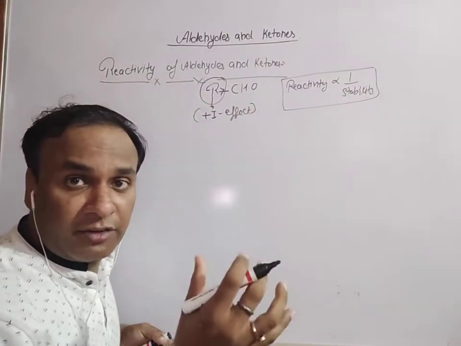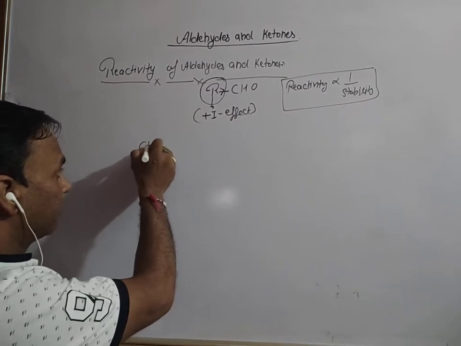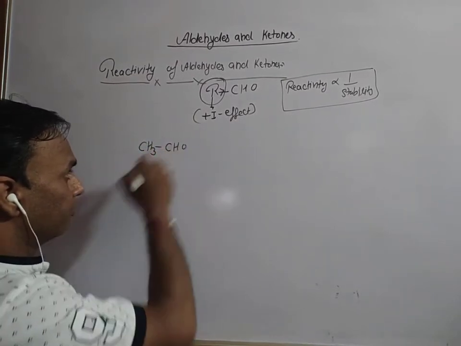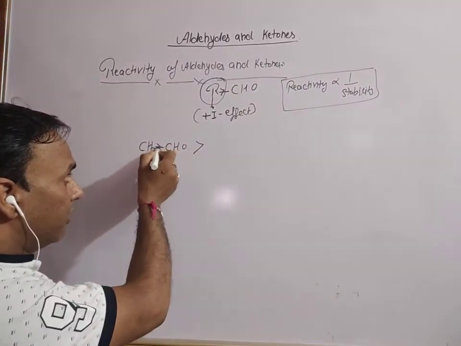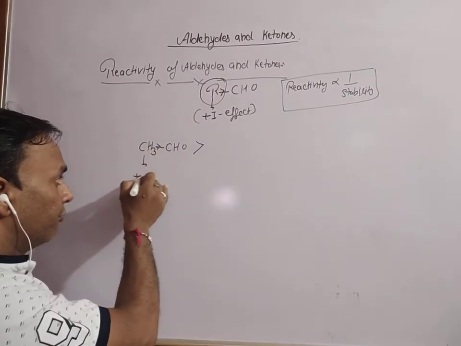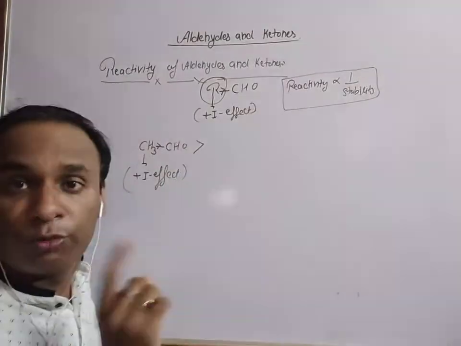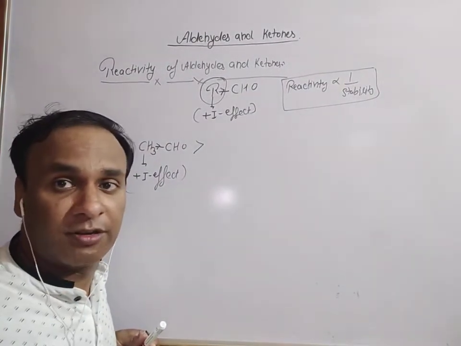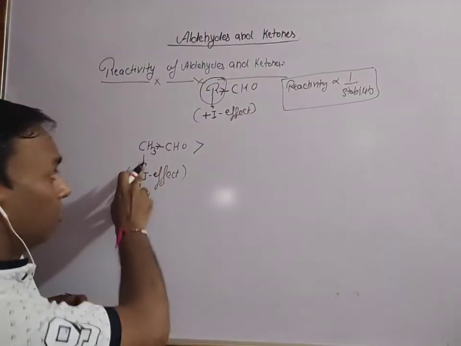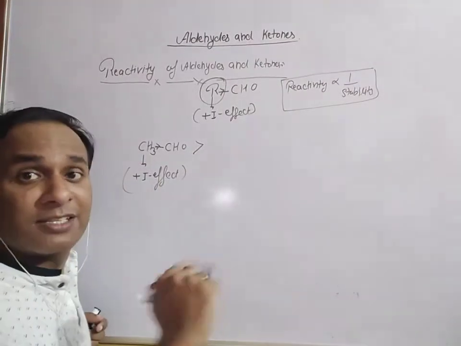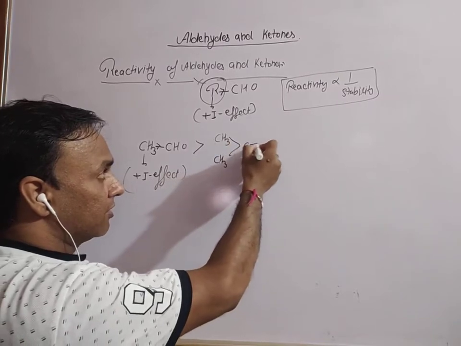Now when we talk about the reactivity of aldehydes and ketones, initially CH3CHO is more reactive. Why? Because only one methyl group is present. Due to one methyl group, it shows plus I effect, only for one methyl group. So CH3CHO is more reactive as compared to CH3 C double bond O CH3.